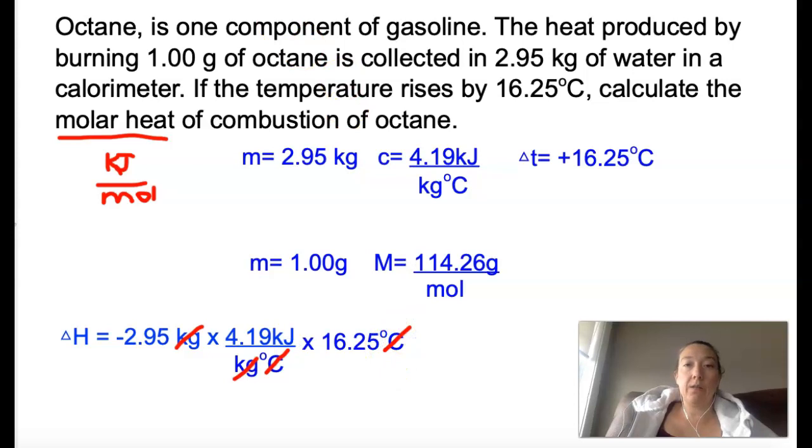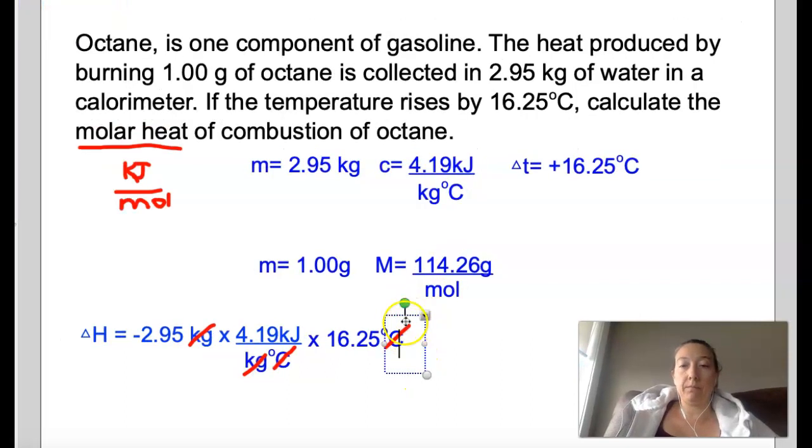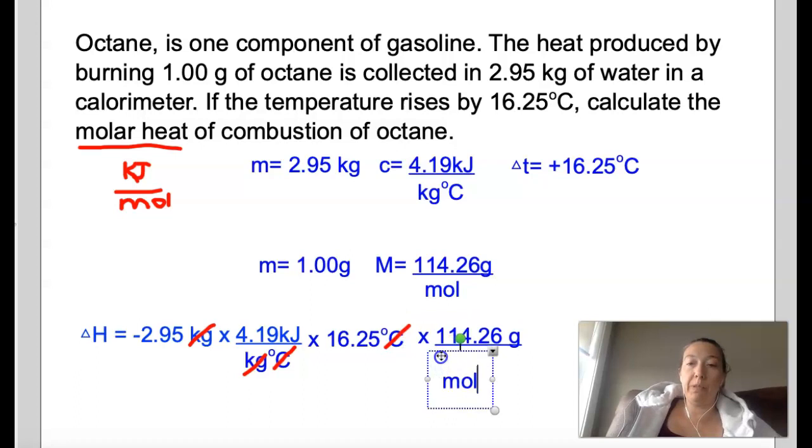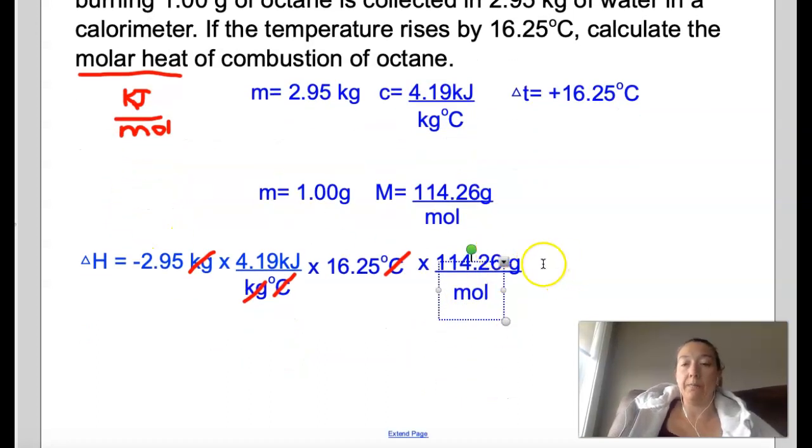Now I need to get the per mole part. So this is where I'm going to use the molar mass. And I'm going to say times 114.26 grams per mole, so that I am placing the moles on the bottom, which is ultimately where they need to be. Then we need to get rid of the grams, right?